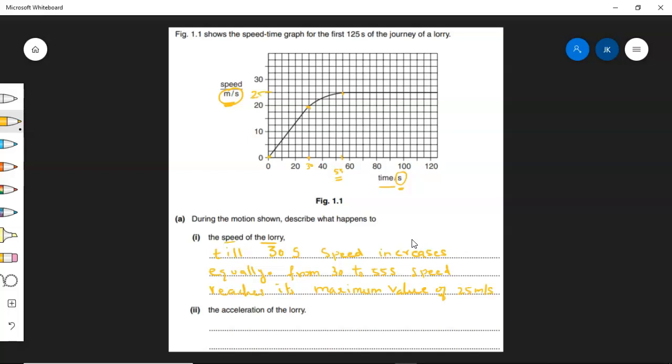Here is 25, it's the maximum speed. Then it is moving at a constant speed.